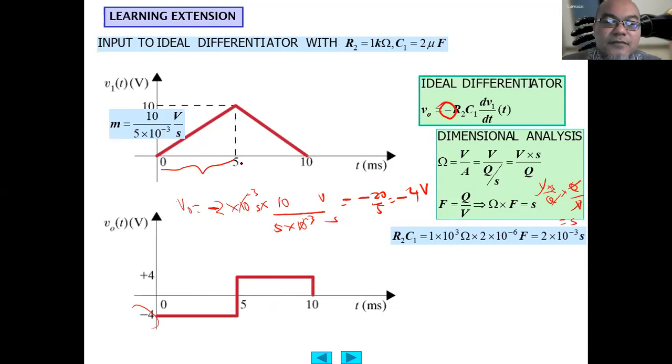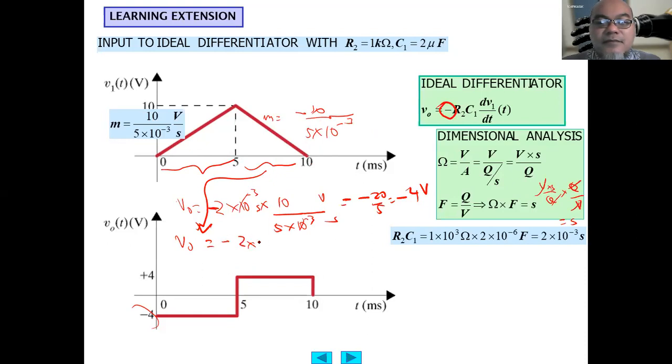Between 5 and 10 millisecond, the gradient equals minus 10 over 5 times 10 to the power of minus 3, because 10 minus 5 is 5. So the V output on this part equals R2C1, negative 2 times 10 to the power of minus 3, times minus 10 over 5 times 10 to the power of minus 3.